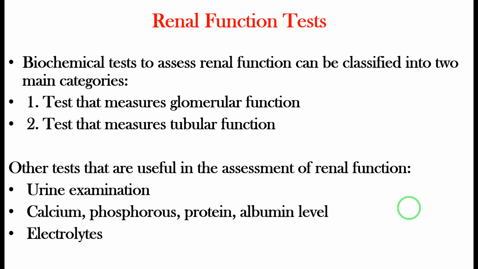The levels of these elements may be affected by renal disease. In addition, urine examination, the urine analysis, the general urine exam, also gives important information about the state of the renal function.